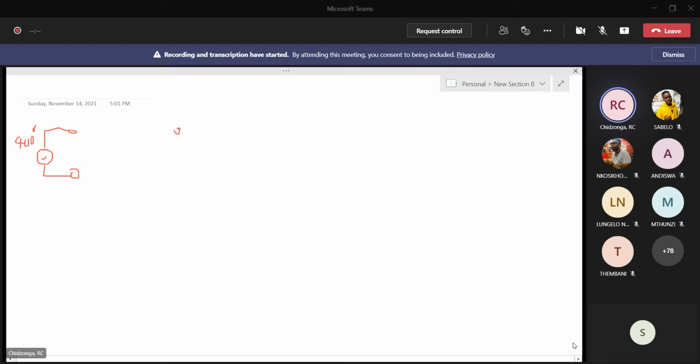And on the other side, we have a motor that could be driving some kind of load. We are not worried about that. This is an induction motor.